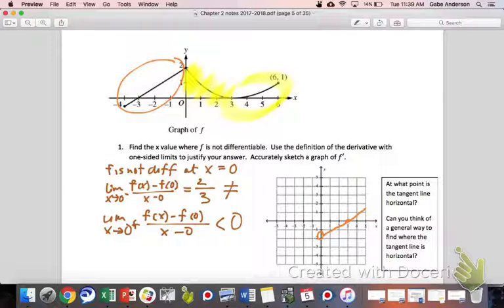We've got to jump at 0, don't we? Doesn't that mean that f prime jumps from 2/3 to something that's negative instantly? So you can see that point of non-differentiability being illustrated on that graph of f prime.